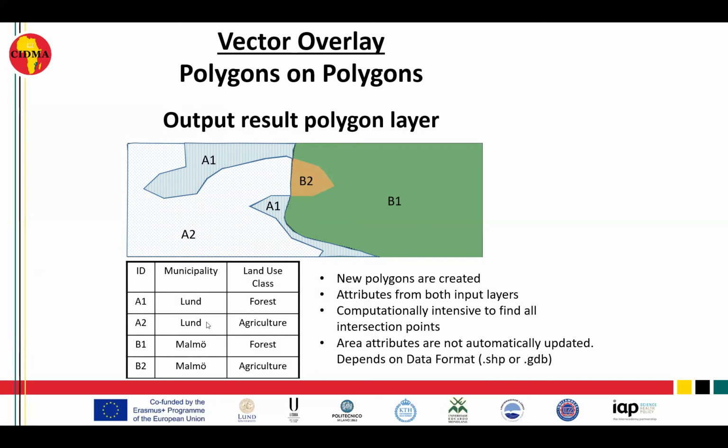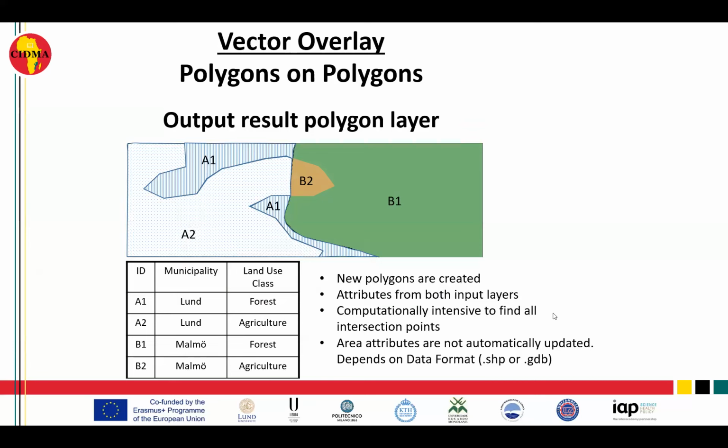A2 is also within the municipality, but it's not a forested area, so it's agriculture. And so like this, the program lets you get a result from this operation. New polygons are created that are then probably smaller than the ones before. Attributes from both input layers are added to the new polygons.